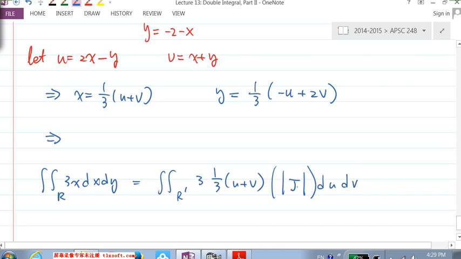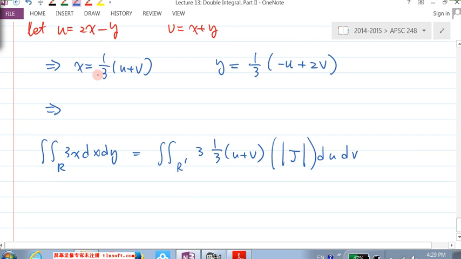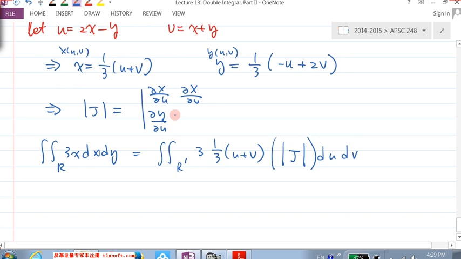The absolute value of the determinant of the Jacobian matrix. So what is the Jacobian matrix here? This is x of u, v, and this is y of u, v. So the determinant of J is partial x over partial u, partial x over partial v, partial y over partial u, partial y over partial v.